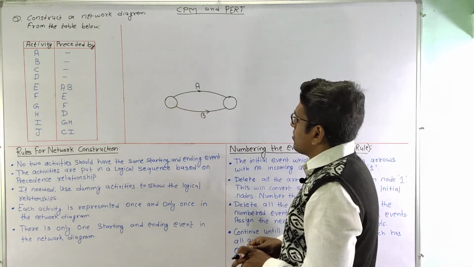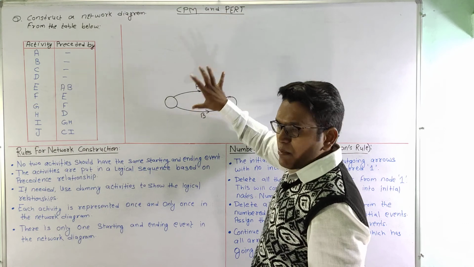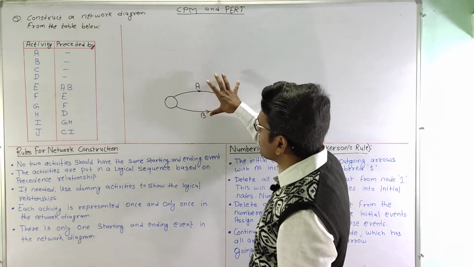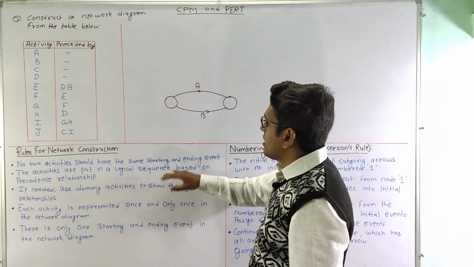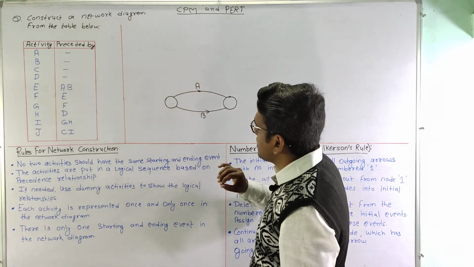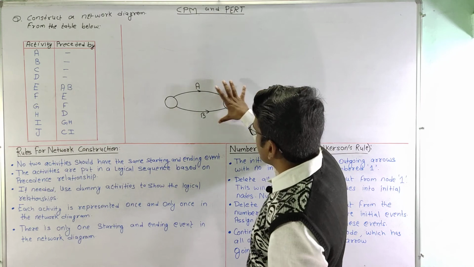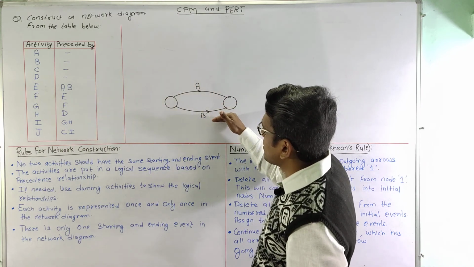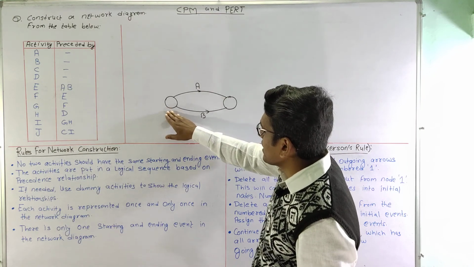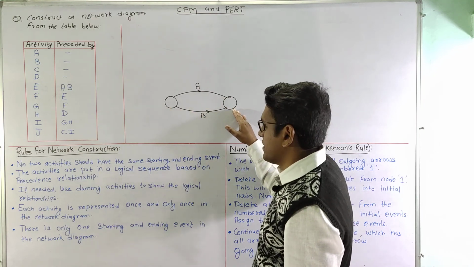In order to remove this type of situation, we will use a dummy activity, and later on we will see how we can use the dummy activity here. As of now, it is understandable that two activities cannot have the same starting and ending event.